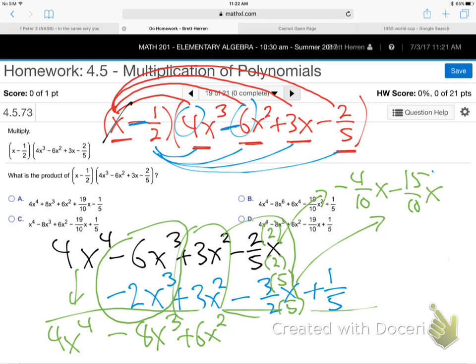Multiply top and bottom by the other denominator to get common, right? So you got a 1/5 and a 1/2. Multiply top and bottom of the 5 by 2 and the top and bottom of the 2 by 5 to make them both 10. Common denominator. Then you can combine them, minus 19/10 x. So that's minus 19/10 x, and then you just bring down the 1/5, and you're done.